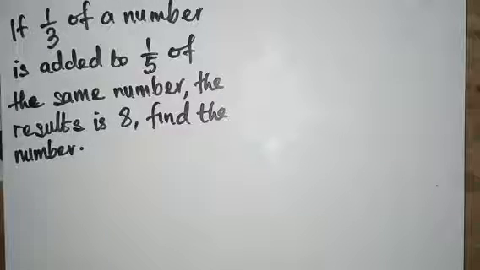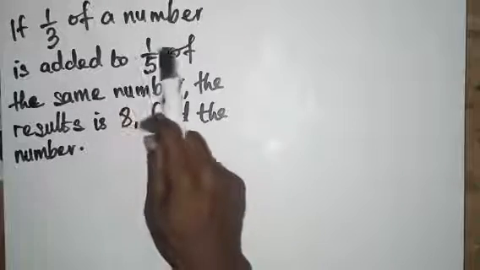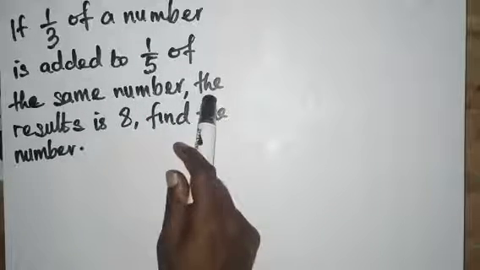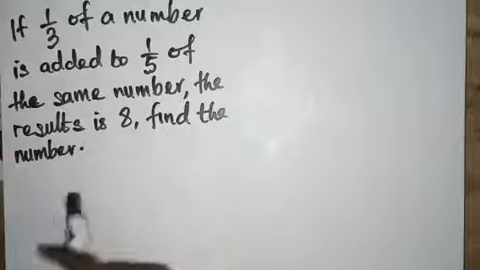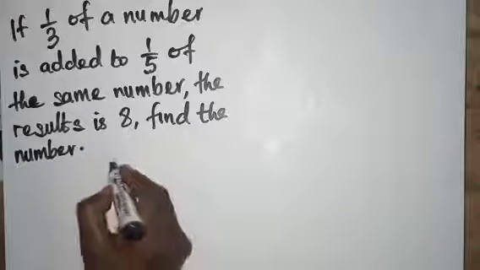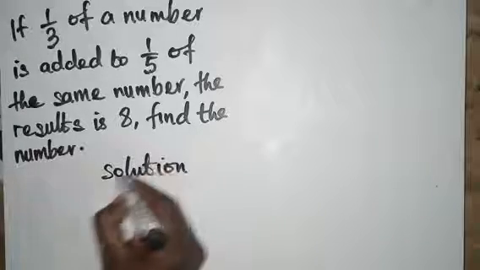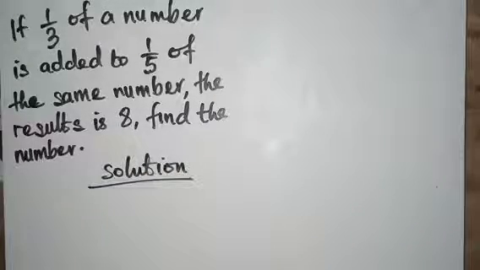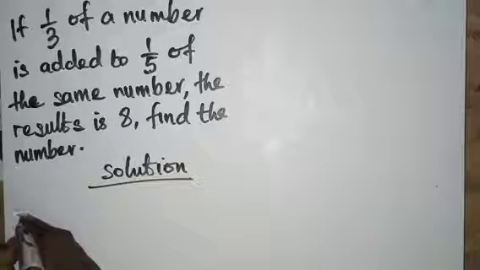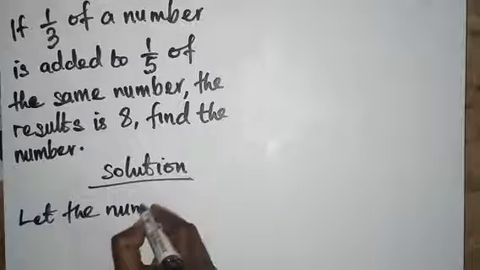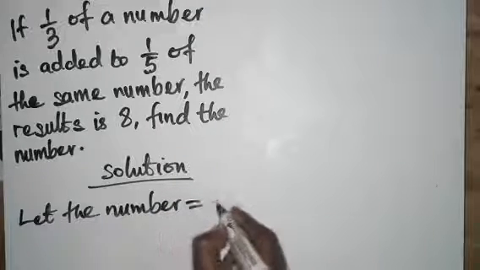Okay, so let's see this question also. It said, if 1/3 of a number is added to 1/5 of the same number, the result is 8. Find the number. So in the solution, we can say let the number be x.